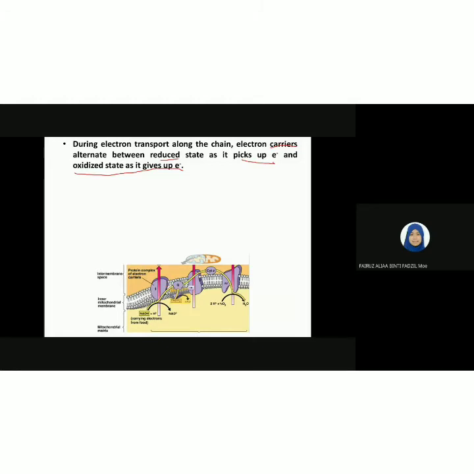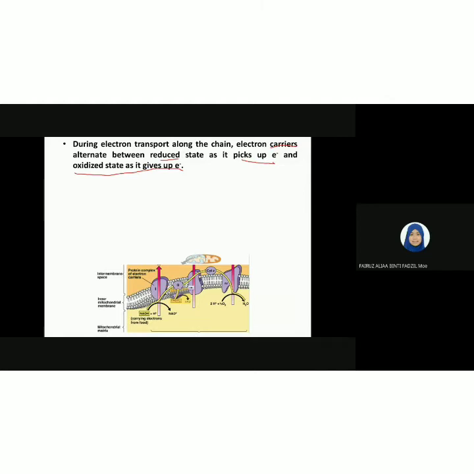Once they accept the electrons, they become reduced. Then they pass the electrons to the next neighbor, the next electron carrier. Once they pass the electrons on, they become oxidized. The next neighbor that accepts the electrons becomes reduced, and the process is repeated.